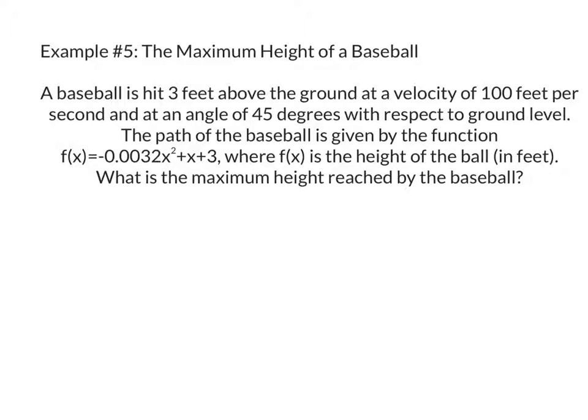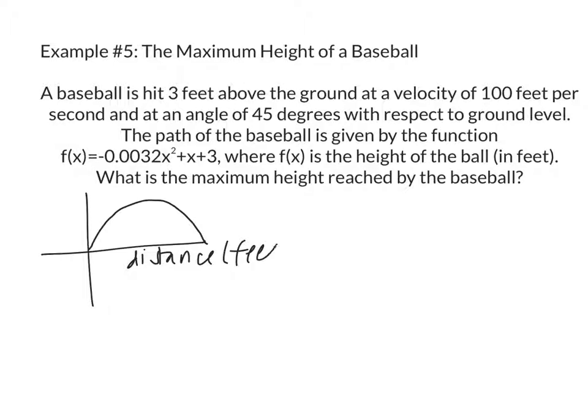Okay, so for us, what that will mean is if we want to know the max height of the path of a ball, first let me draw something. The max height, understand that this represents distance, specifically in feet, and this will represent height. This is height.